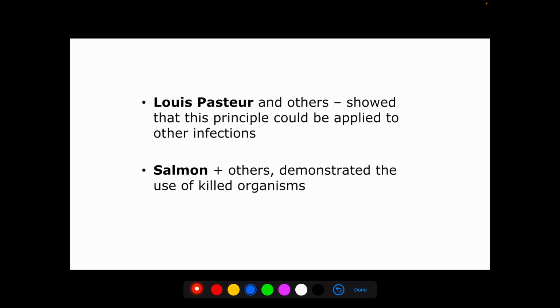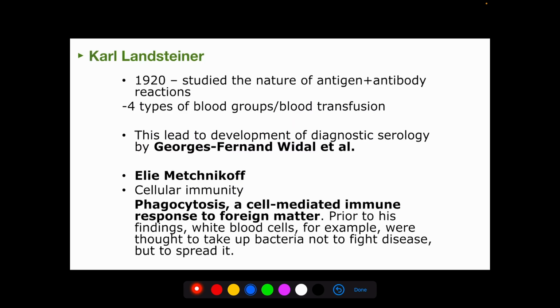And so after this, Louis Pasteur and others also showed that this principle could be applied to other infections. And so Salmon and others demonstrated the use of the killed organism to also generate some form of immunity in man. Now, after this, we had Karl Landsteiner, who studied the nature of antigen and antibody reaction in the body.